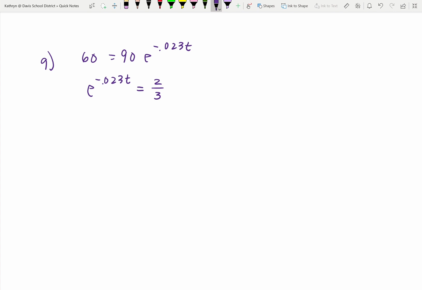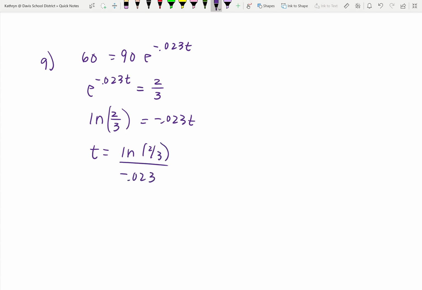Don't write it as 0.6 unless you stored that value in. I'm just going to write it as 2/3. So I'm going to convert it. The ln of 2/3, log base e of 2/3, is negative 0.023t. To solve for t, it's the ln of 2/3 divided by negative 0.023.